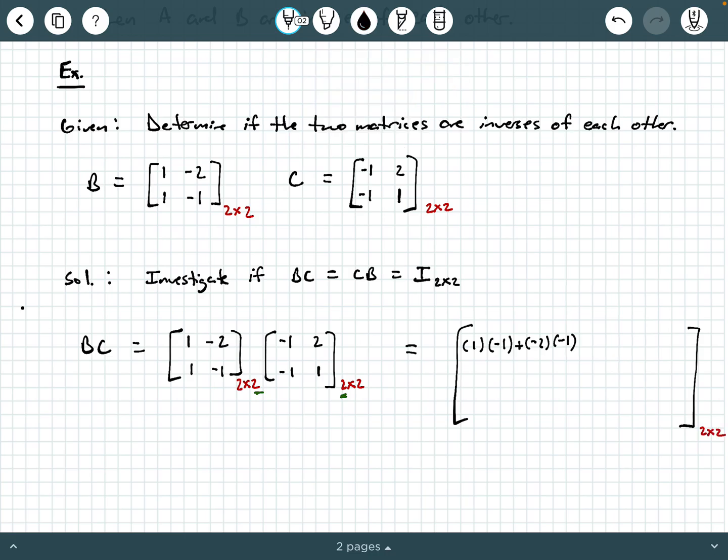Now, what about the entry in row 1, column 2? I said that backwards. I'm going to say row 1 of B times column 2 of C. So I'm going to say 1 times 2 plus -1 times 1, okay?